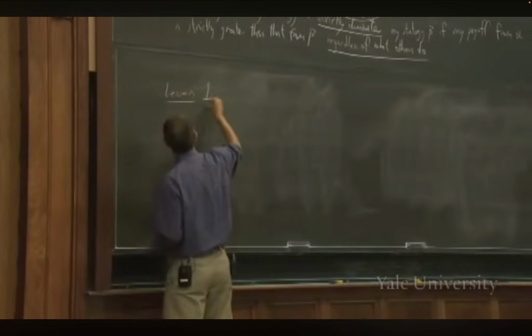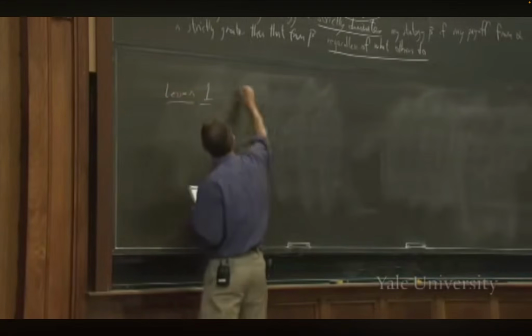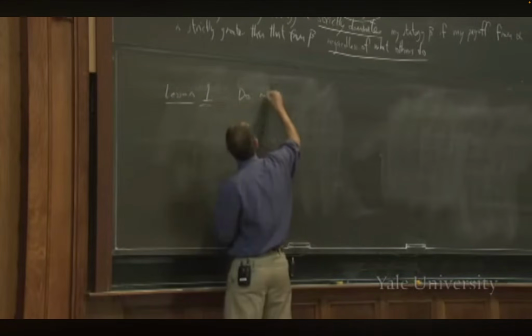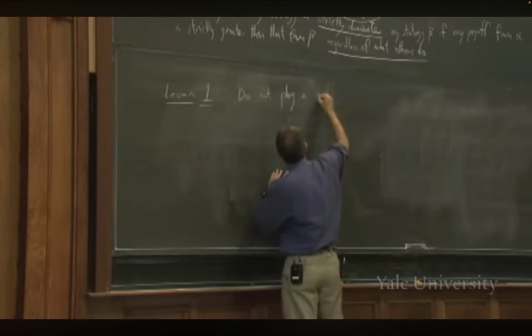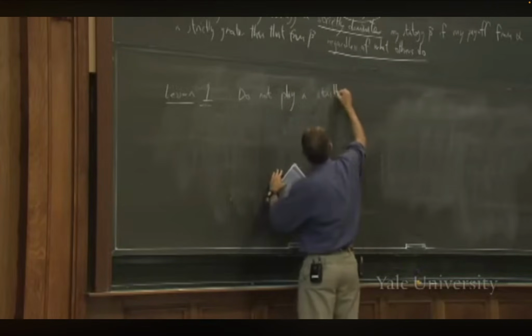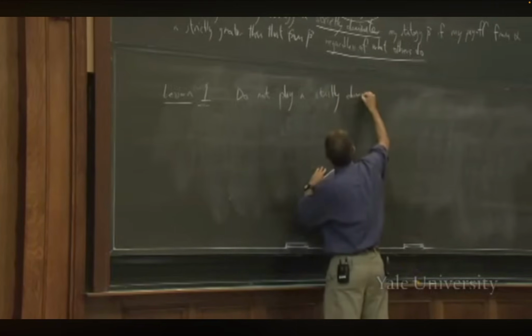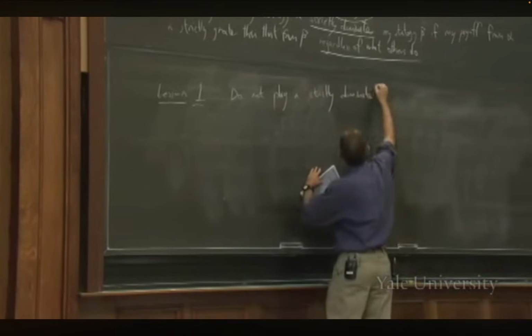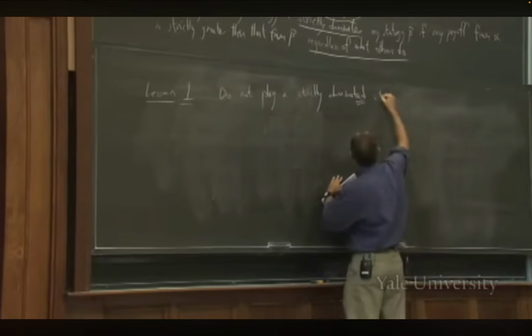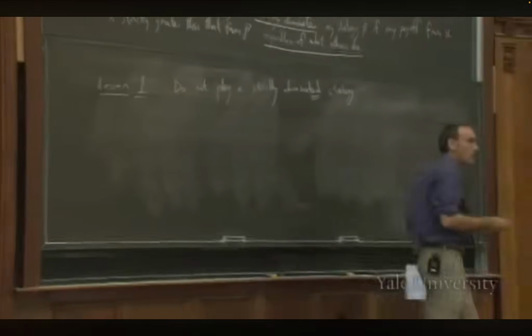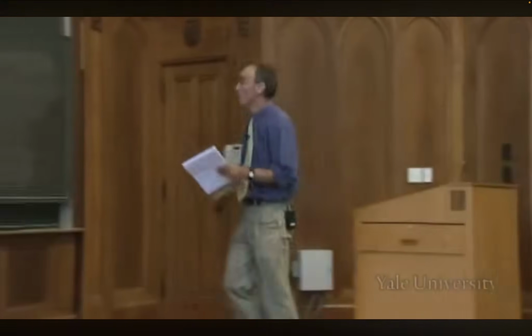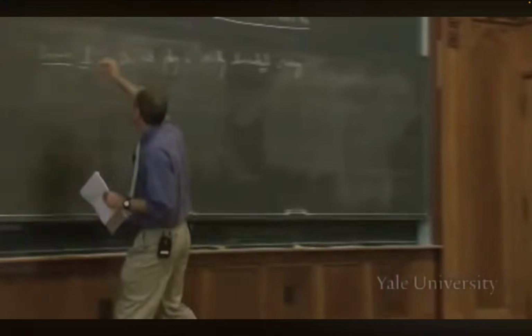Lesson 1 of the course is: do not play a strictly dominated strategy. With apologies to Strunk and White, this is in the passive form. Do not play a strictly dominated strategy.